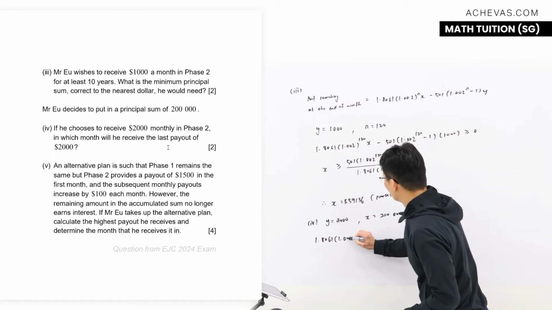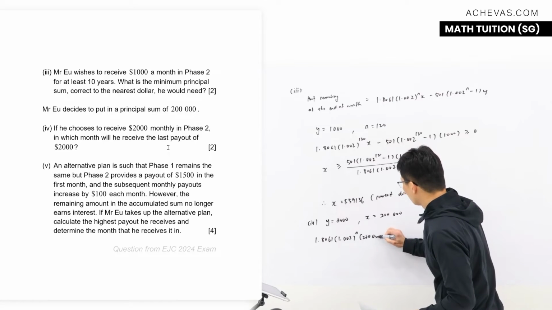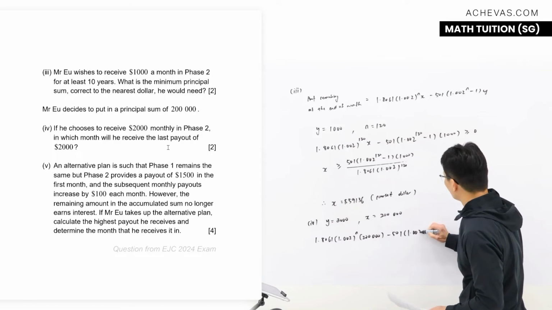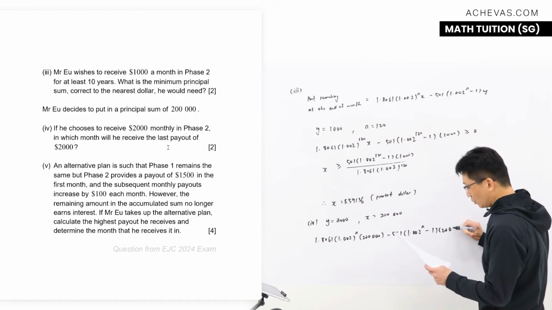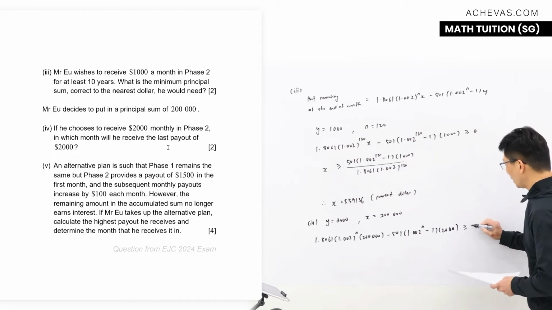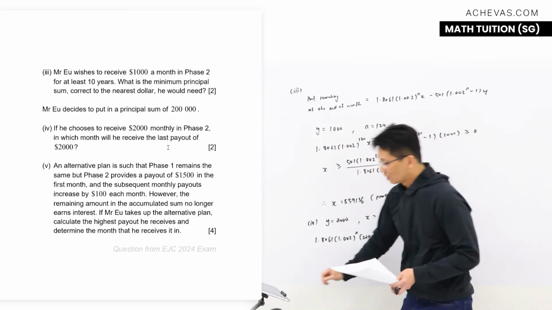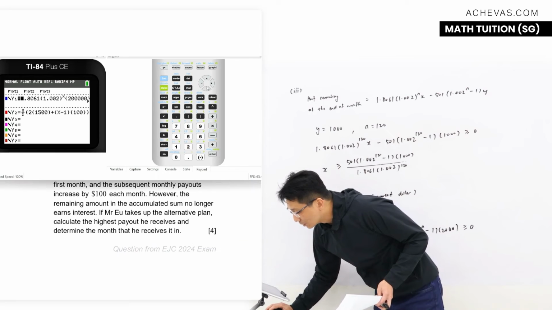Substituting in, I get 1.8061 × 1.002^n × 200,000, minus 501 × (1.002^n - 1) × 2,000, and I want it again to be greater than or equal to 0. For this particular expression, it will be easier if I just use our GC to solve it. Okay, let's go to our GC. I have already keyed in the whole expression here.